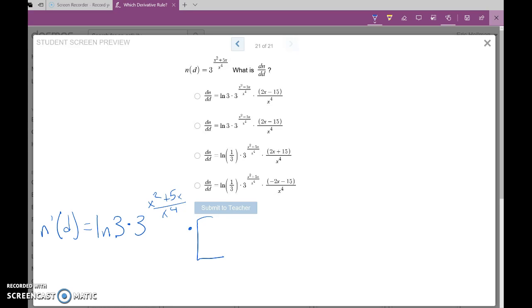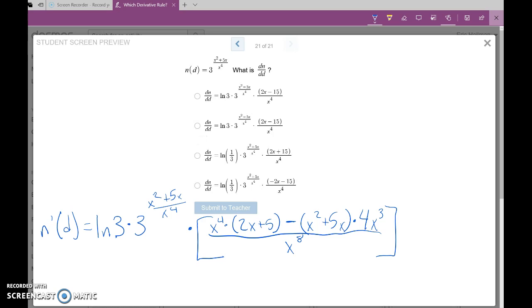Okay, so the function of the denominator times the derivative of the numerator minus high, so the function in the numerator, times d low, all over low, so that's going to be x to the 8th.